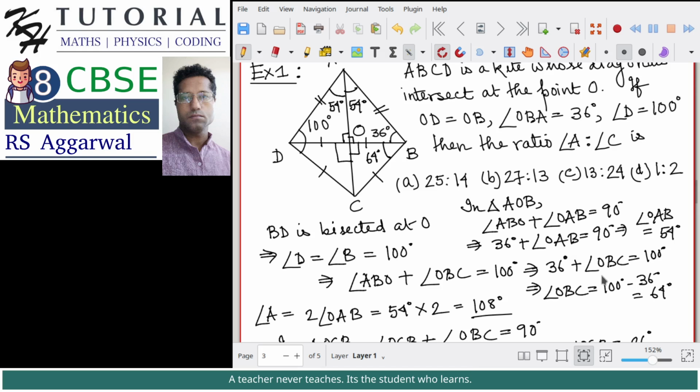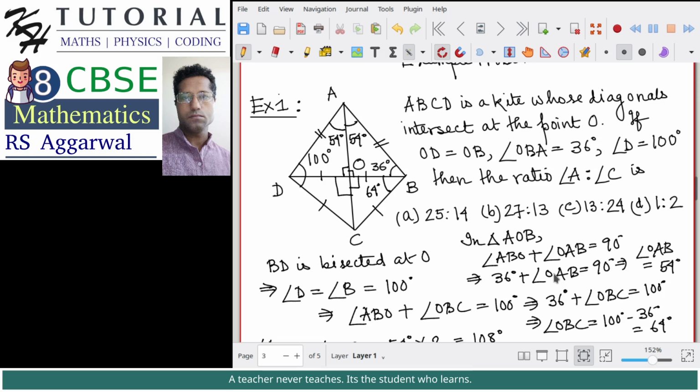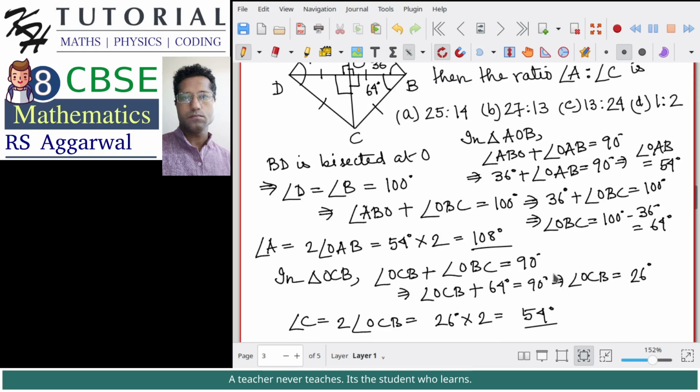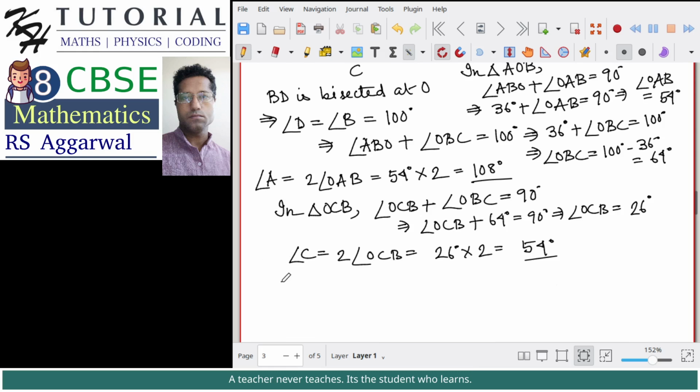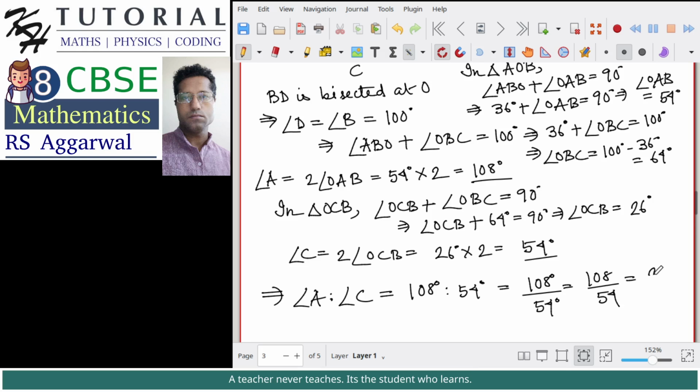And angle A will be twice 54 degrees, which is 108 degrees. So angle A to angle C will be 108 degrees to 52 degrees, that is 108 divided by 52, which is about 2:1.